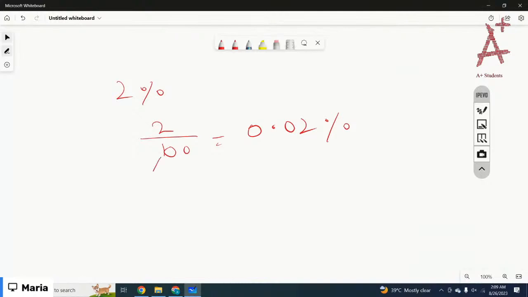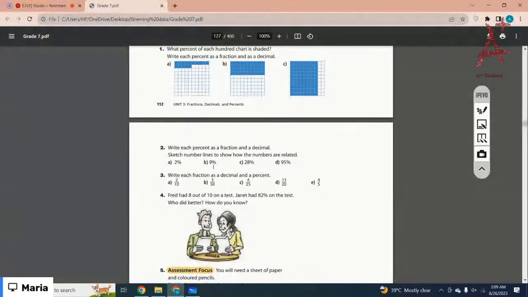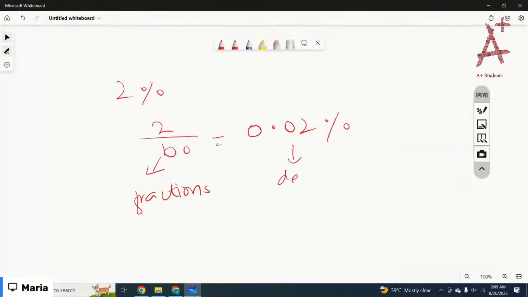That's how you write 2% in fraction form, and this way you can write 0.02 as a decimal. The next one is 9% as a fraction and as a decimal, right?